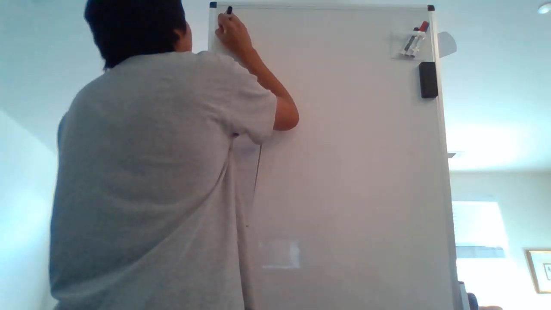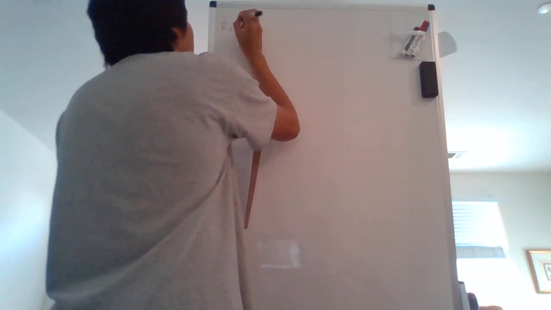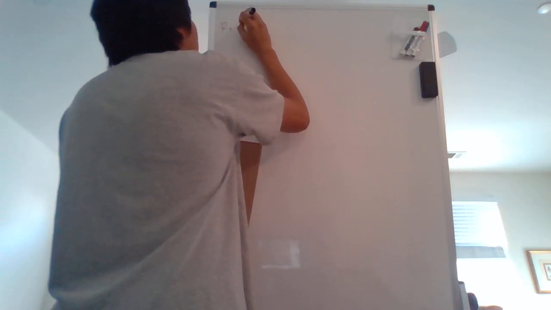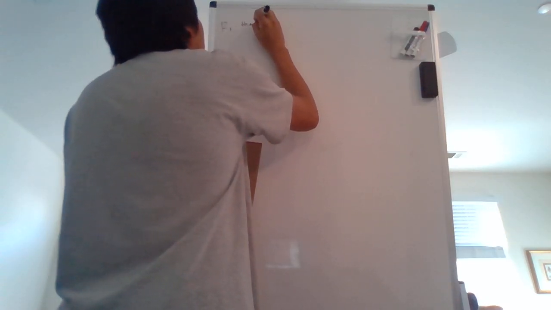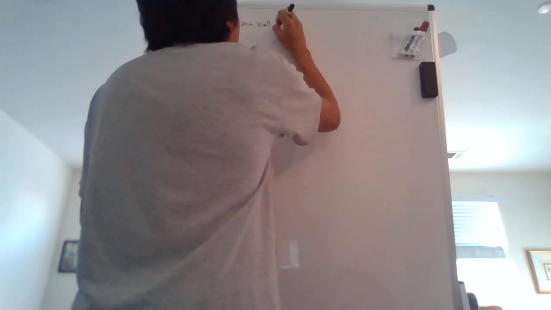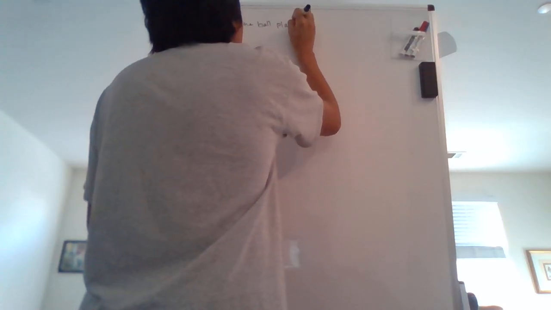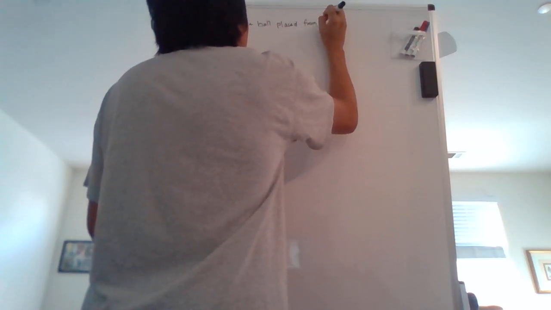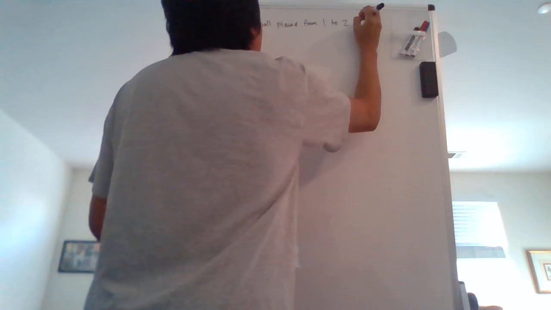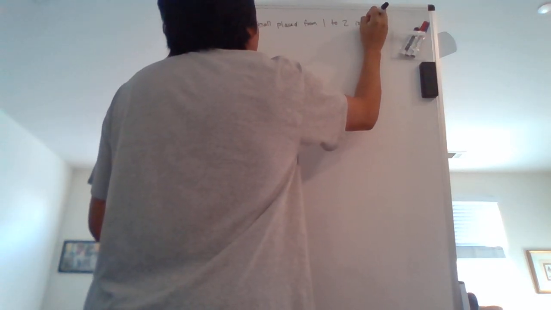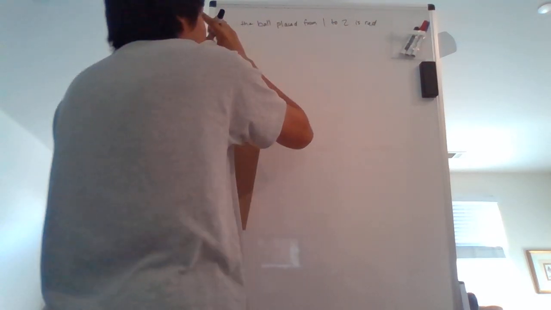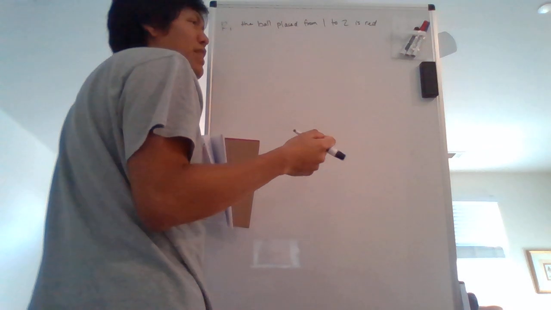So we'll write that down. We'll say R1 is the ball placed from urn 1 to urn 2 is red. And like I said, the other possibility is that it was black.